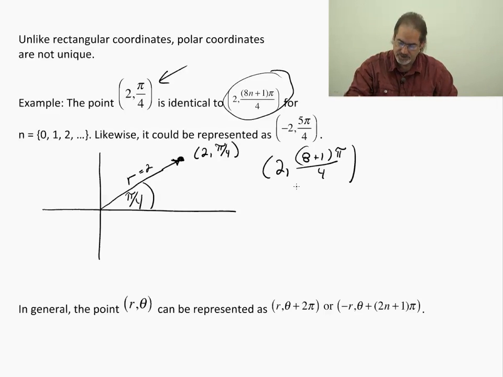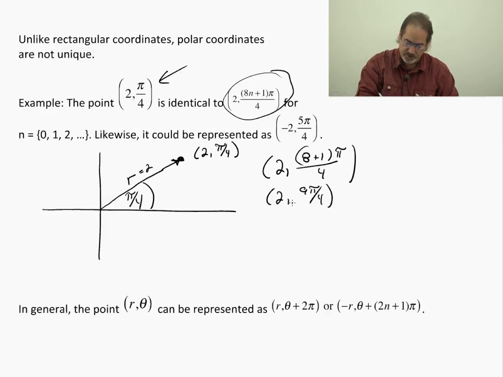Well, that is 2 and 9 pi over 4. Well, where's 9 pi over 4? Well, 4 goes into 9 twice, so that's 2 pi. So in other words, I start at the origin, I start at 0, I'm going to go around to 2 pi. And once I hit 2 pi, I have a pi over 4 left over. So I'm going to come up another pi over 4, and there I am, exactly where I was before, with the same distance.